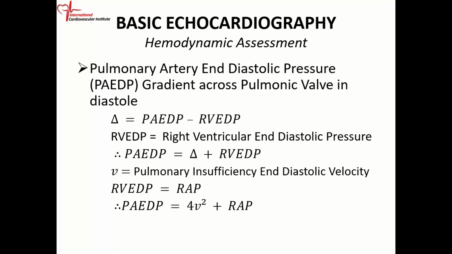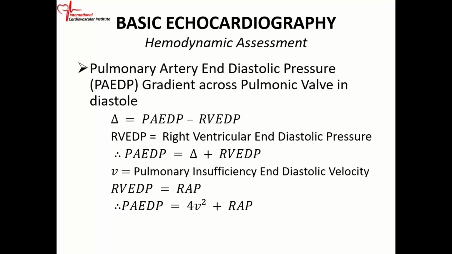That is pulmonary regurgitation, PR, pulmonic regurgitation. Blood is going to flow in diastole from the pulmonary trunk across the pulmonic valve into the right ventricular outflow tract. It's a diastolic phenomenon.